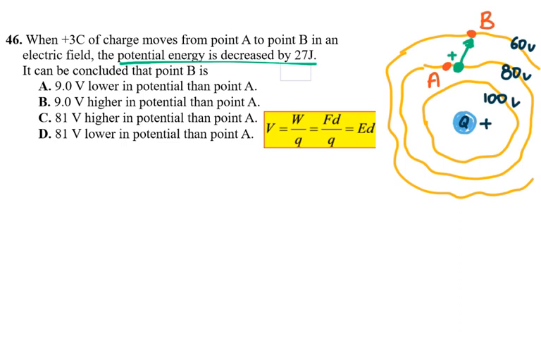And if it loses potential energy, well, they actually tell you the 9 volt difference. So I'm going to take this voltage away so we don't have to look at this. I just wanted to tell you that it goes from the higher potential to the lower potential away from the positive charge. And I have the charge given and the energy given.